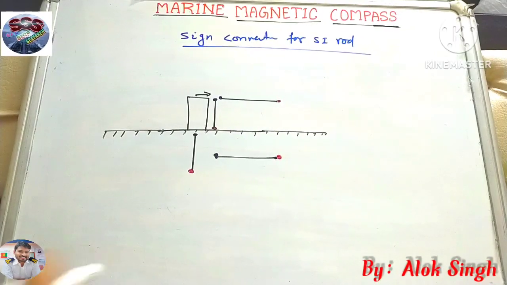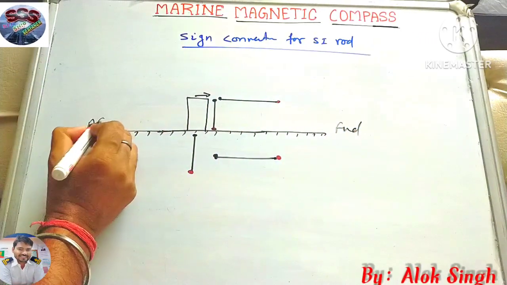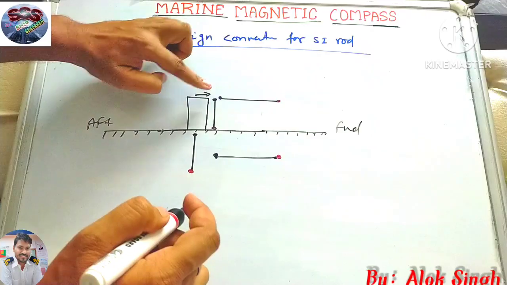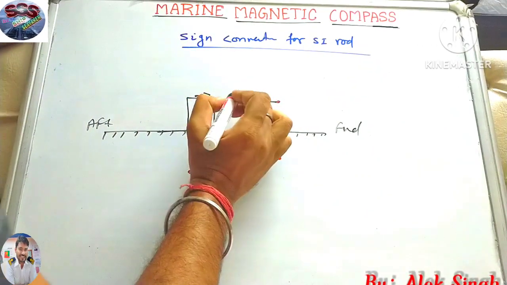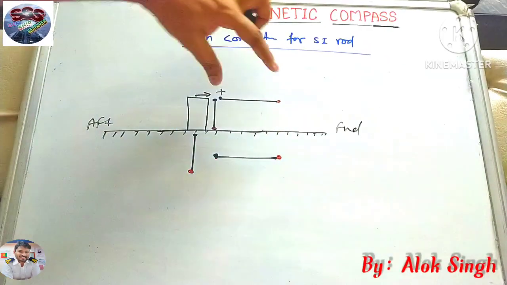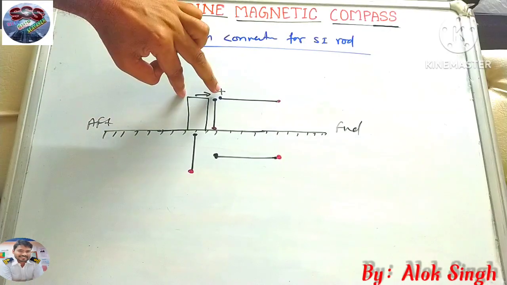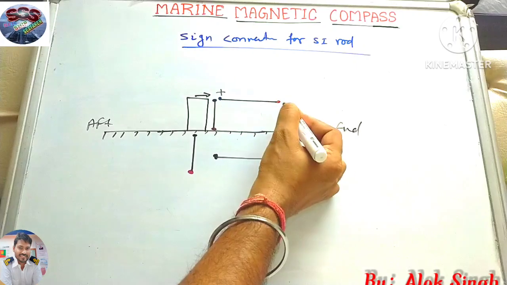Suppose this is the forward part of your vessel, this is the aft part of your vessel, and this is the compass, and the compass is indicating somewhere forward by this arrow. Suppose this one is positive. For this rod, this is forward of the compass, and the effective pole is forward of the compass, so it will become positive, and this is the further pole of that.